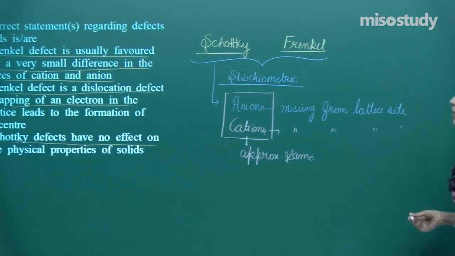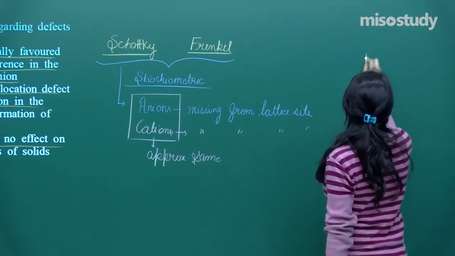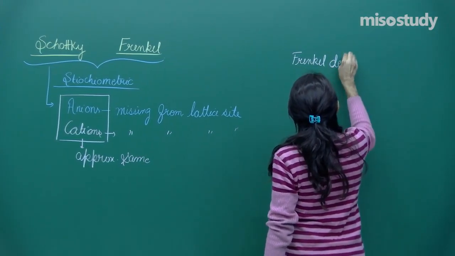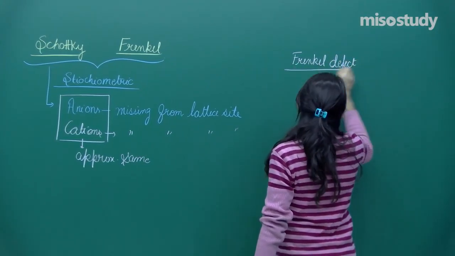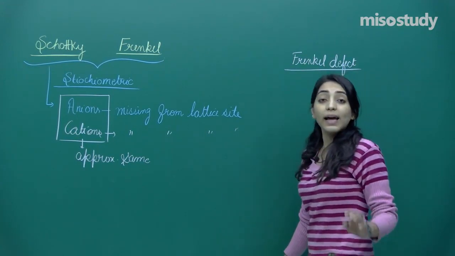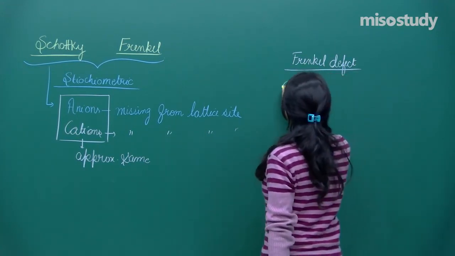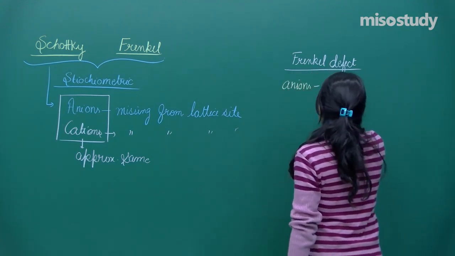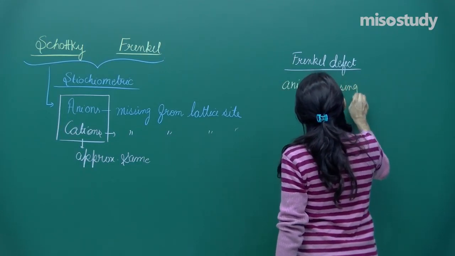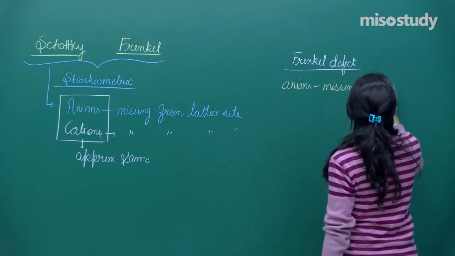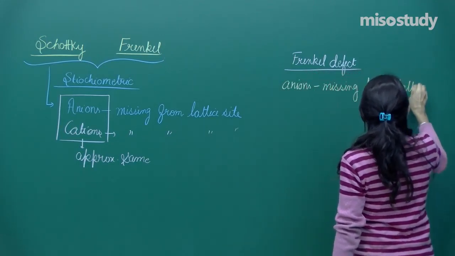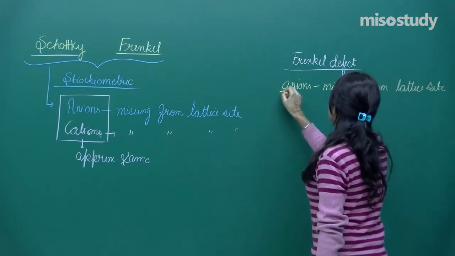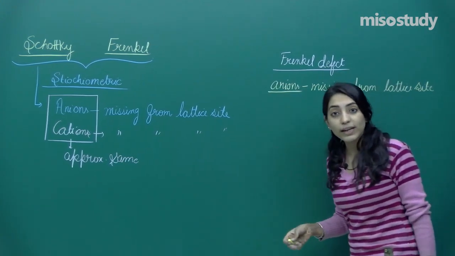However, when I am talking about Frenkel defect, we simply say that the anions will be missing from their lattice site. But when the anions are missing from the lattice site, what will happen to the cations?